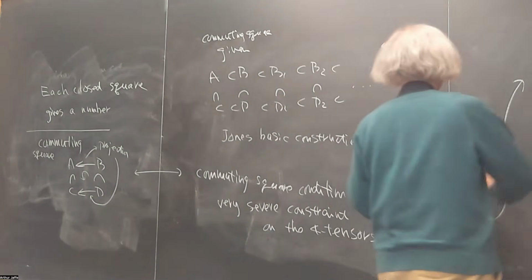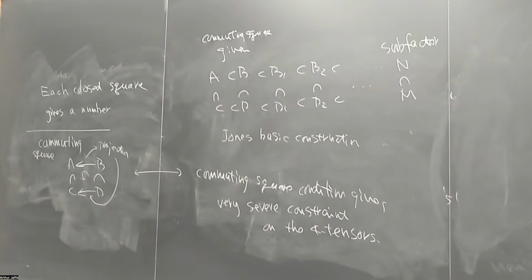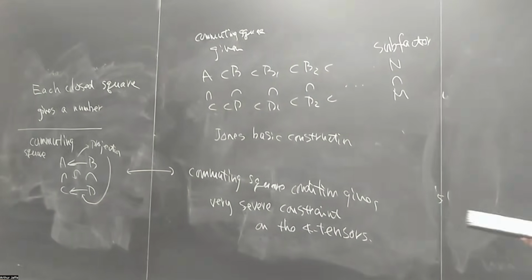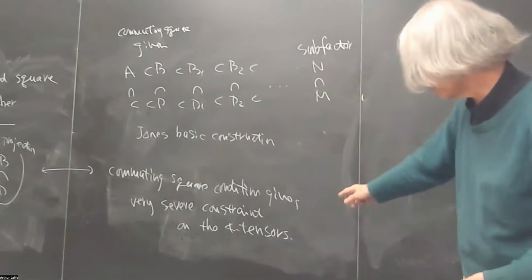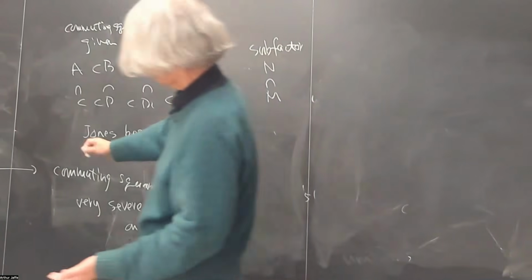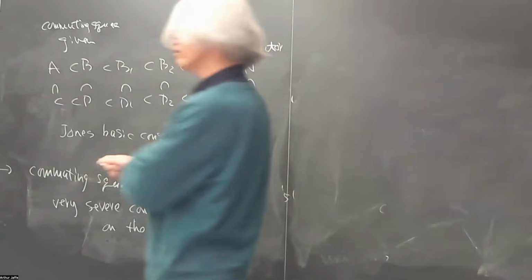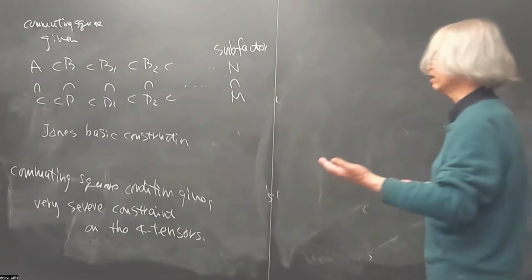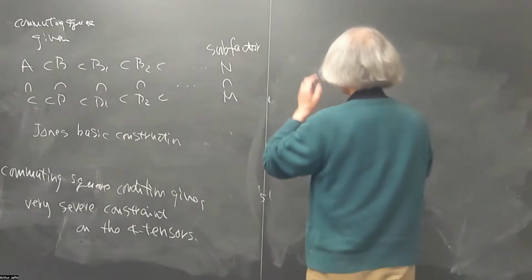Actually, I got the characterization of these four tensors in terms of the setting of this commuting square, known or based by Haagerup, Schou, and O'Neill.